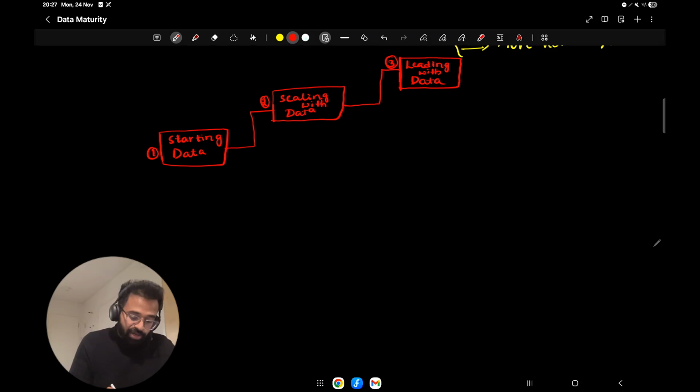And trust me, guys, when I say this, these three stages are some of the most important stages that you need to know. If you want to understand how a company evolves in its data journey, or the typical data journey a company goes through in order to become fully data-driven in decision making, you need to really know and understand these phases or stages.